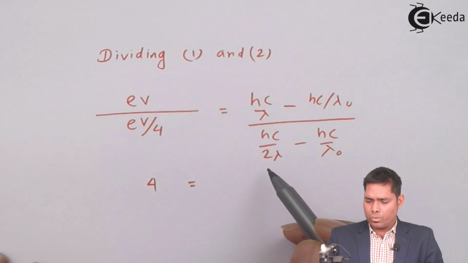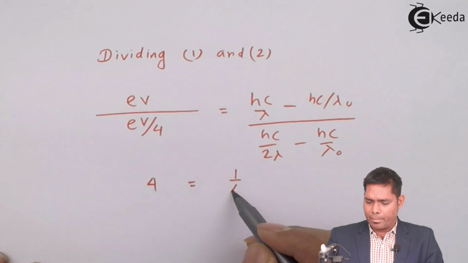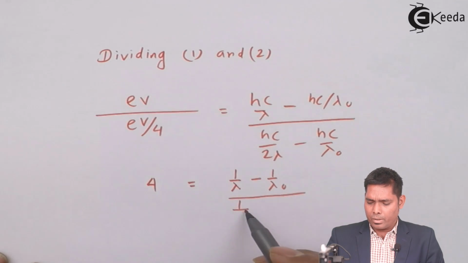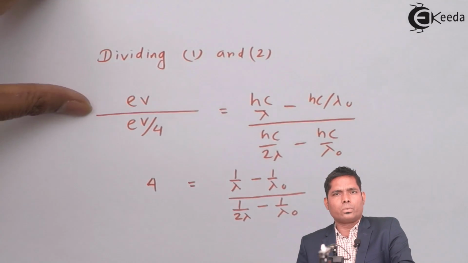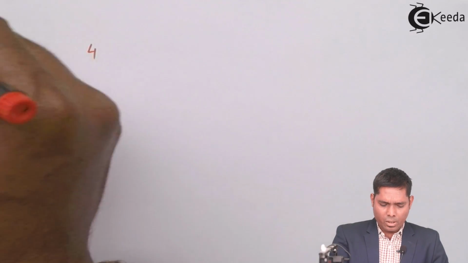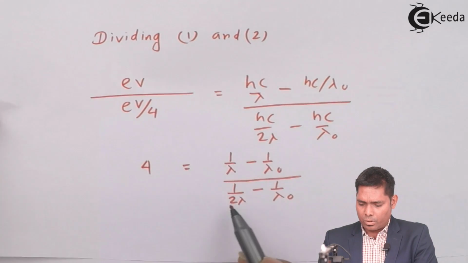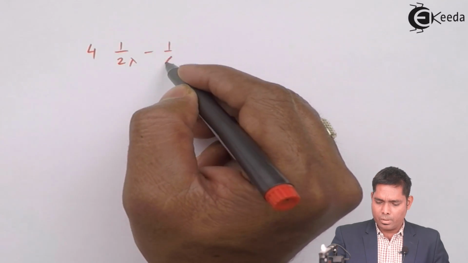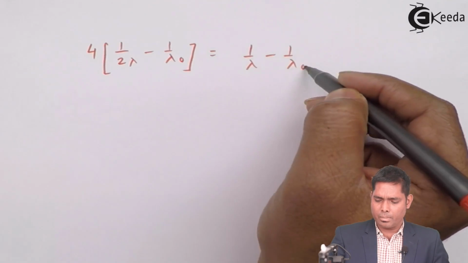With hc common and cancelled out, this equals 1 by lambda minus 1 by lambda naught divided by 1 by 2 lambda minus 1 by lambda naught. Cross multiplying, it is 4 times (1 over 2 lambda minus 1 over lambda naught) equals 1 over lambda minus 1 over lambda naught.